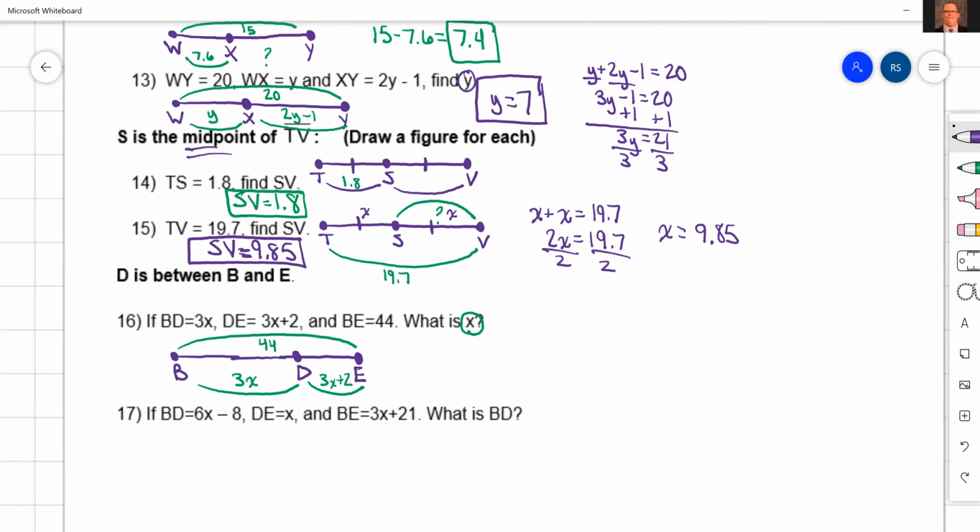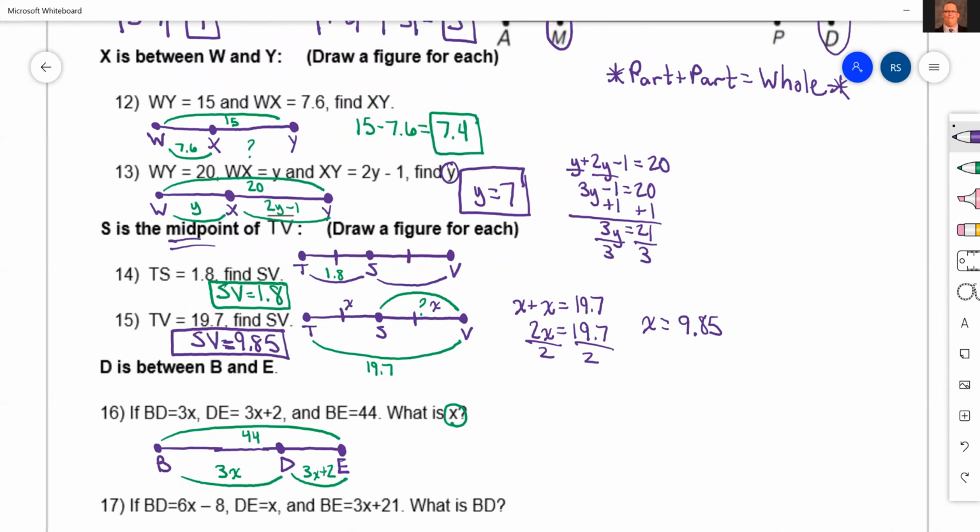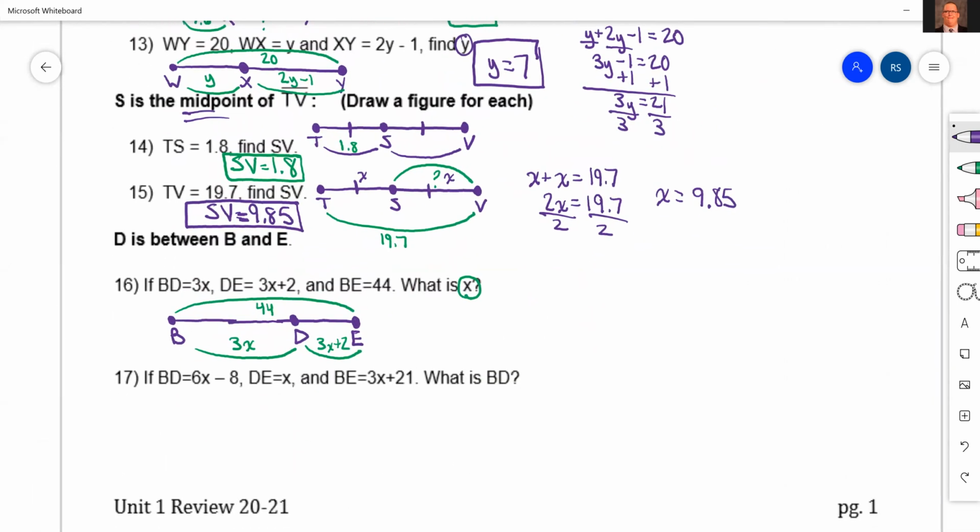Well, remember what I said up here. Part plus part equals whole. So I'm going to add the two parts together. 3x plus 3x plus 2 equals the whole thing, so 44. Let's combine our x's together. 6x plus 2 equals 44.